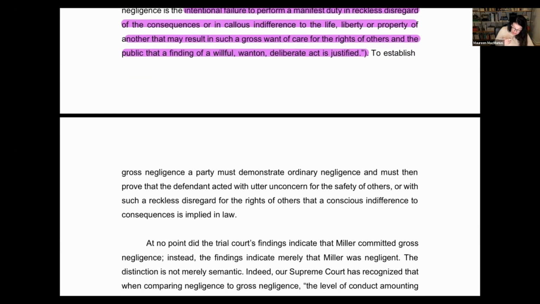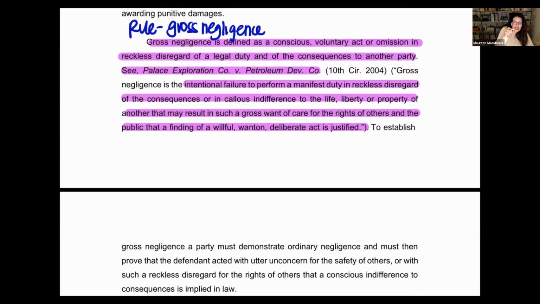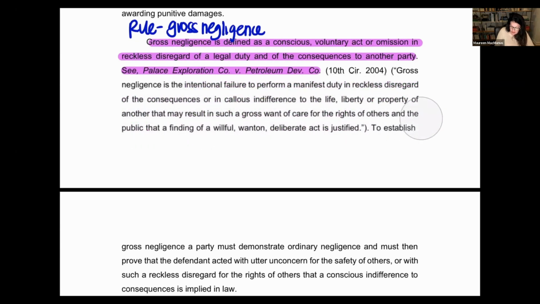To establish gross negligence, one thing I want to say about this is I want to take the shorter of the two rules. Here, they are citing to this other case and giving the actual language, but they're stating the rule in a more succinct manner. It's just repetitive, so you don't need to actually include both of these. The first rule is shorter, so I'm going to include that one.